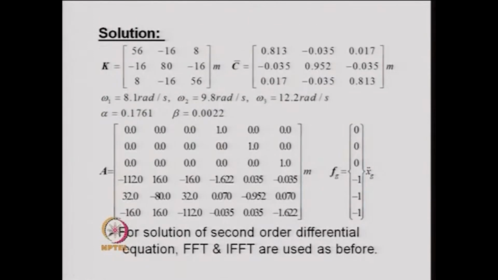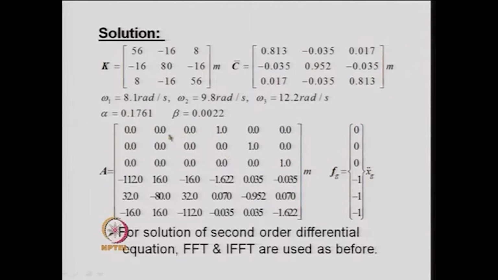Next we obtain this K matrix, and this is the C matrix which is obtained assuming it to be a classically damped system, in which the values of alpha and beta are these. So, with these values the C matrix is generated.